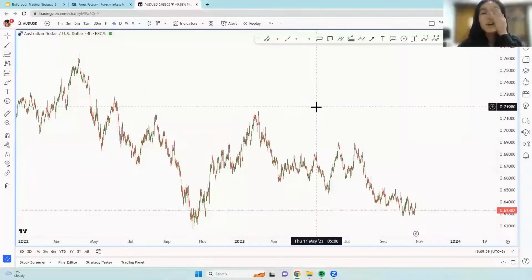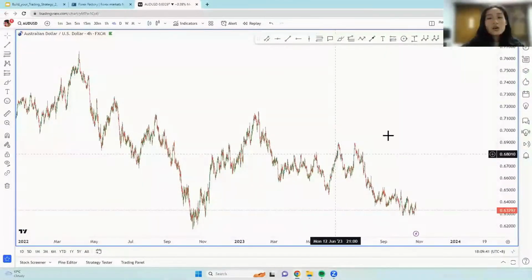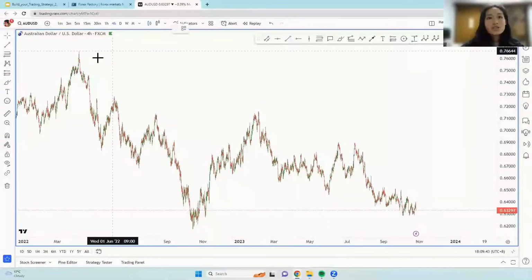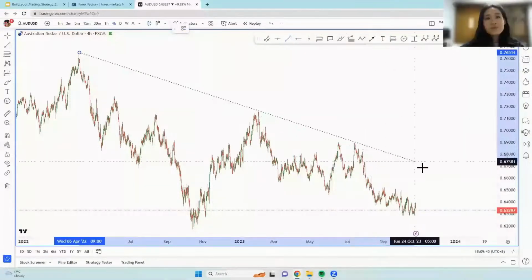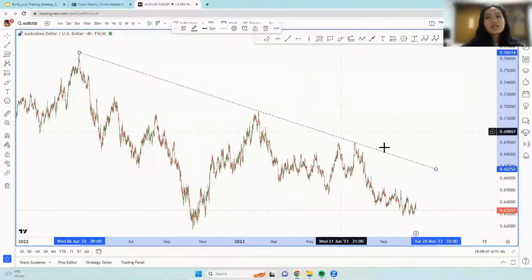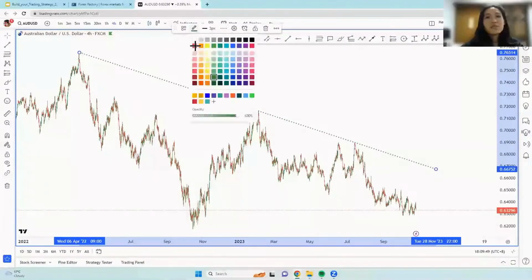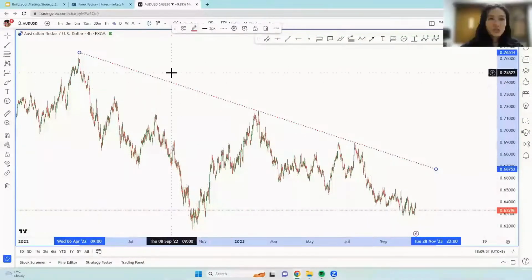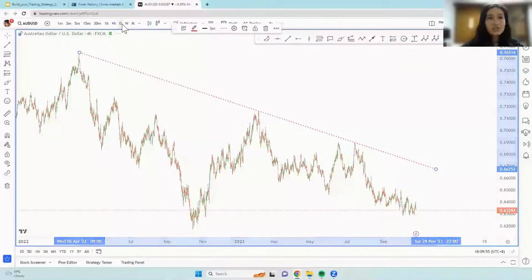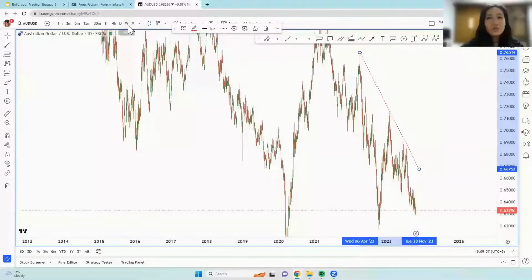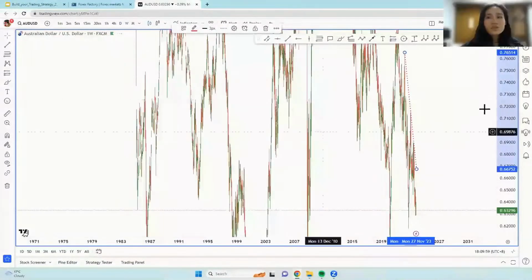Let's say I want to analyze this on the 4-hour time frame, I will go in with all of my trend lines, all of my Fibonacci, and so on and so forth. But I will also want to reference the higher time frames, such as the 1 day as well as the 1 week.